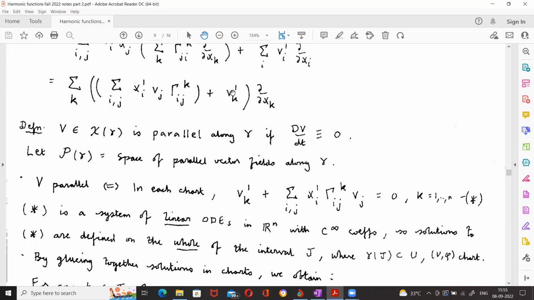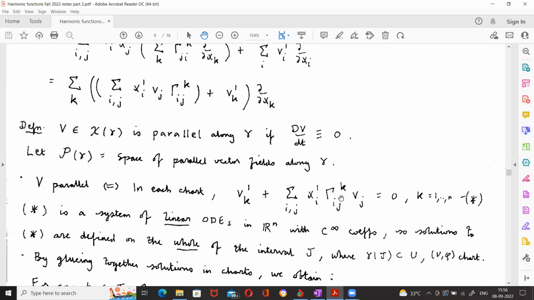That gives us a system of n linear differential equations in the V k: V k prime plus the sum over i, j of x i prime gamma i j k V j is equal to 0, right? So this is a system of linear ODEs in Rn with smooth coefficients. This is linear in the V k.